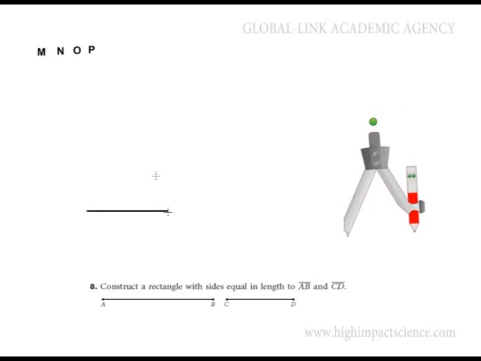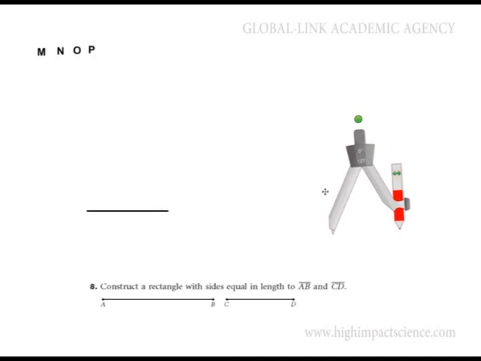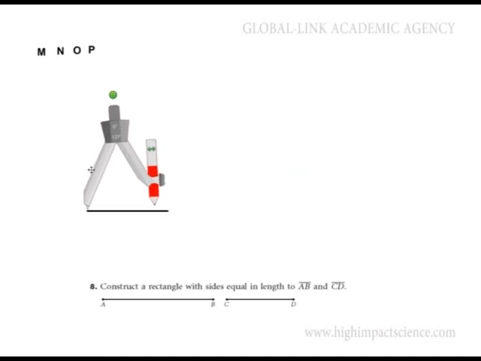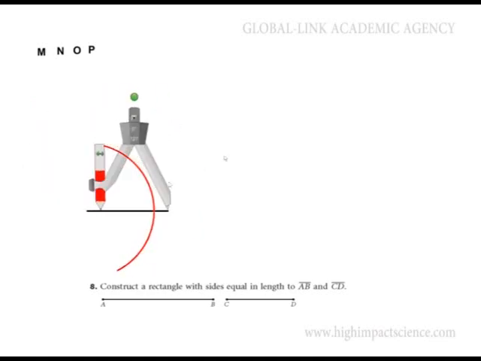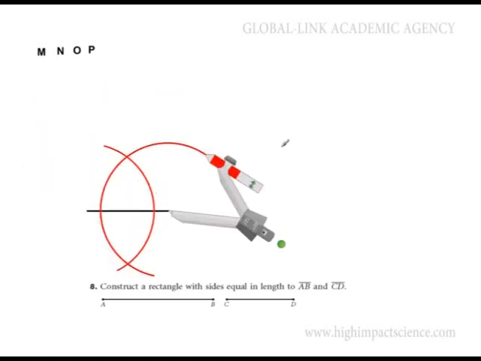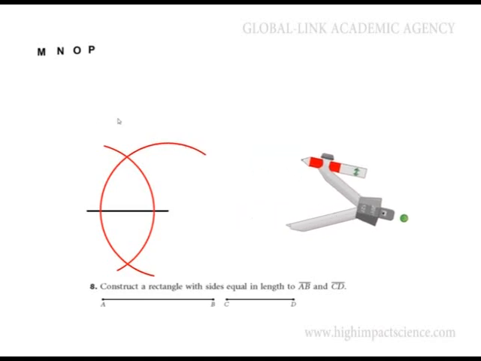First is the line segment, and we construct a perpendicular to that line. So arc, and another arc, and then the line, the perpendicular bisector, and we should be having an angle of 90 degrees. The length should be equal to AB.